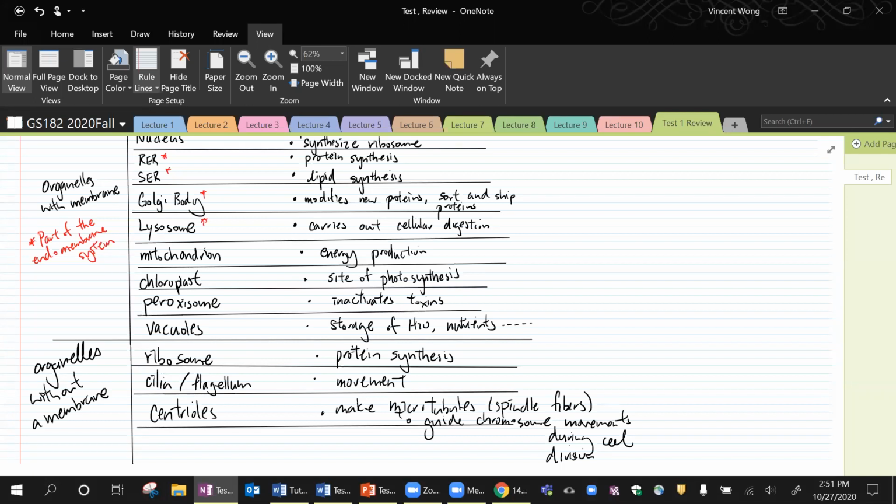Not application questions on tests, but kind of like a math problem or chemistry problem where you have to solve something. We'll be looking at genetics, transcription, translation, biotechnology, that kind of stuff, which is all going to require a little bit of applying what you've learned. So there's a shift in paradigm in that respect.